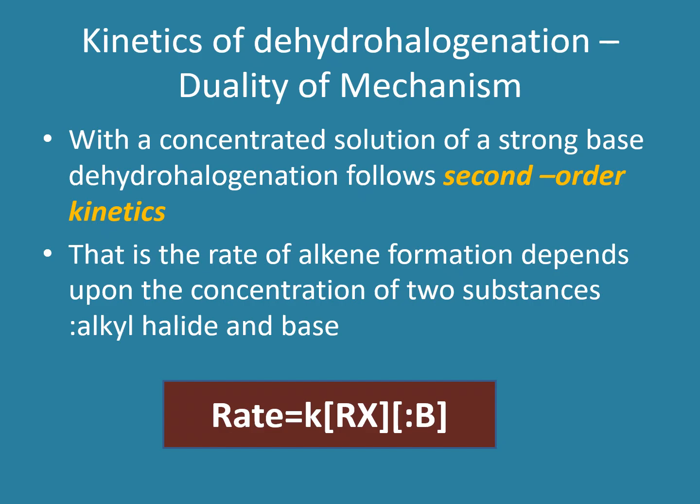This second order reaction is observed for all classes of alkyl halides, and the rate can be represented as rate is equal to k, the rate constant, into concentration of alkyl halide into concentration of base. So from this we find that the rate is directly proportional to the concentration of both the reactants, that means the substrate, the alkyl halide, and the reagent, which is the base.